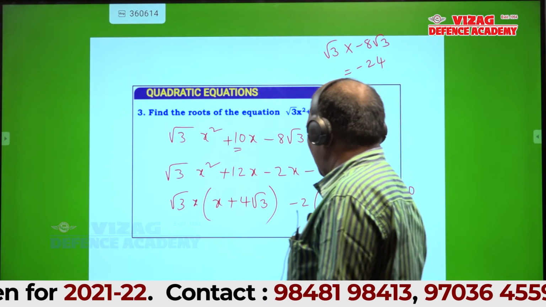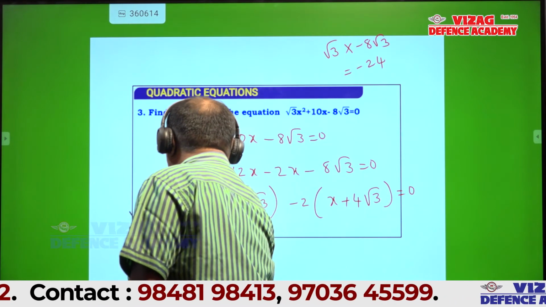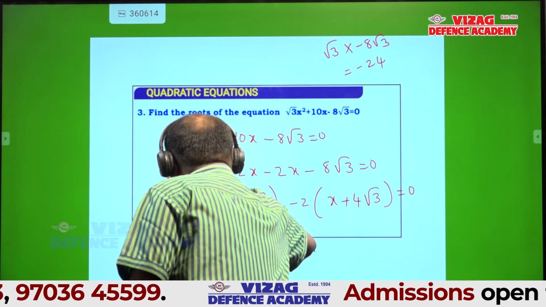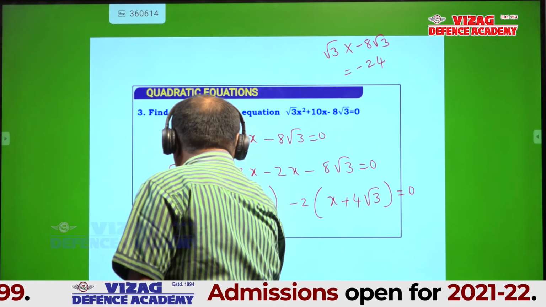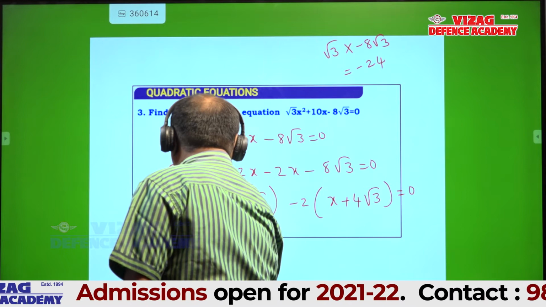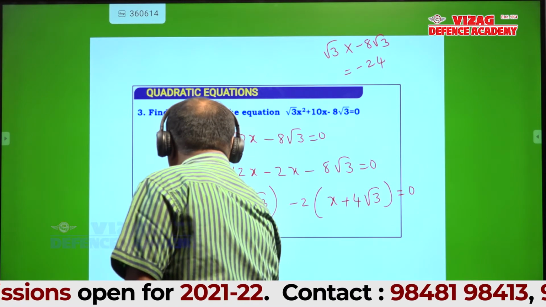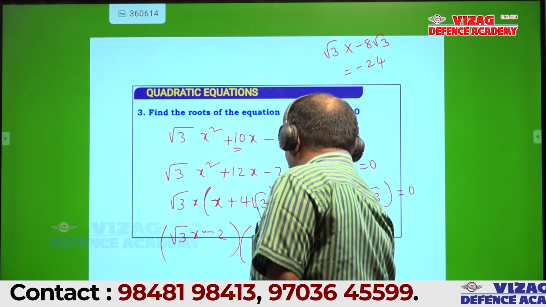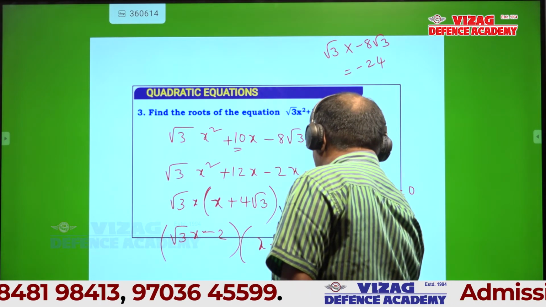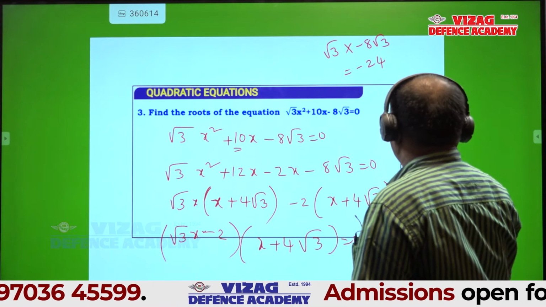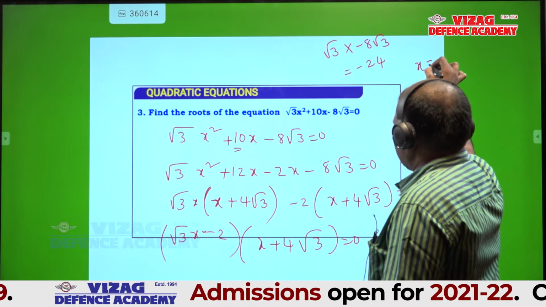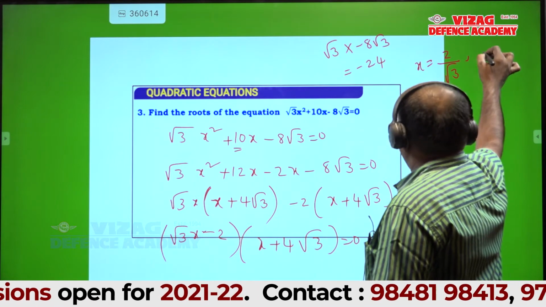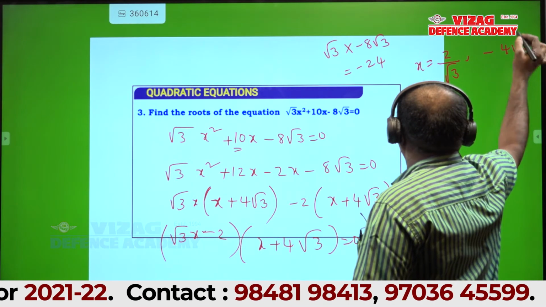Therefore, here root 3 x minus 2 into x plus 4 root 3 is equal to 0. What is the x value? The x values are 2 by root 3 comma minus 4 root 3.